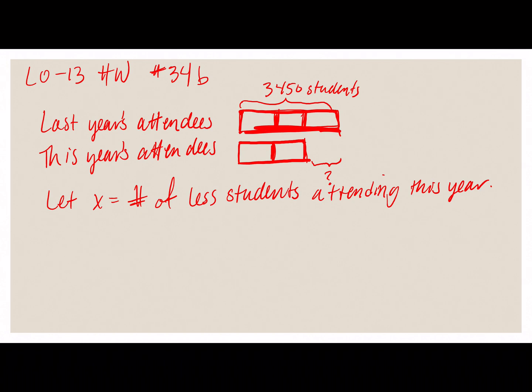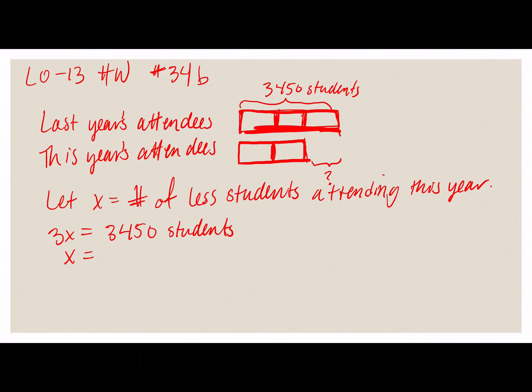All right, so we have our x equal to something, and then we're going to have to show some arithmetic. The only thing that we have for your units and relating to number of students is last year's attendees, where 3x was equal to 3,450 students. So when we want to solve for x to know the number of people fewer attending this year, we divide by 3. 3,450 divided by 3. Well, let's take it digit by digit.